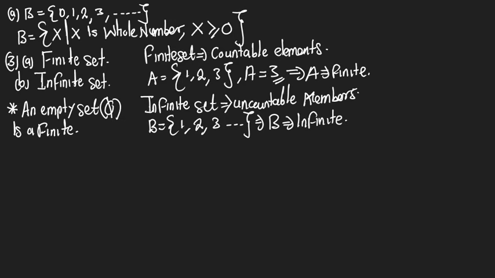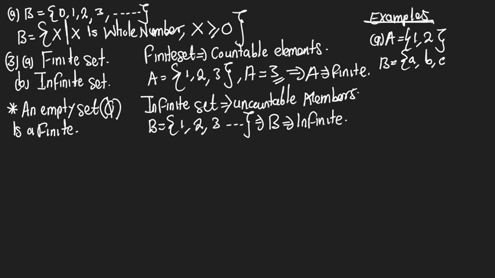So, let's have examples. A is a set of 1, 2. B is a set of A, B, C. C is a set of A, B, E, F. D is a set of rivers in Zambia.